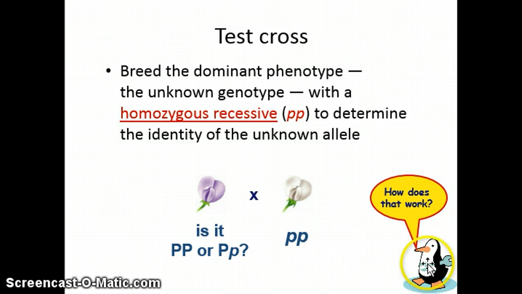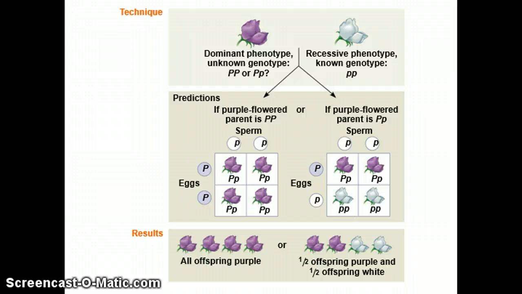If the unknown is homozygous dominant, we would end up with an entirely hybrid set of offspring in the F1.